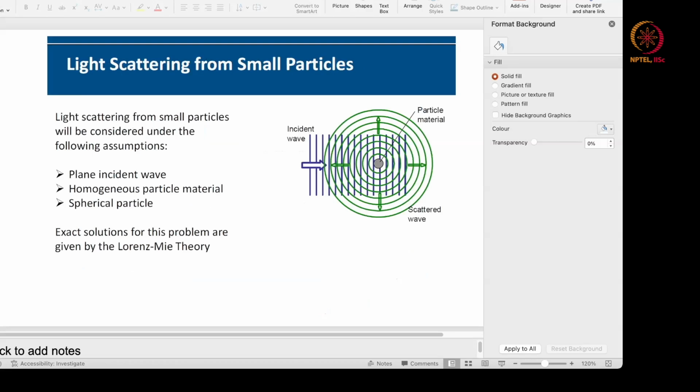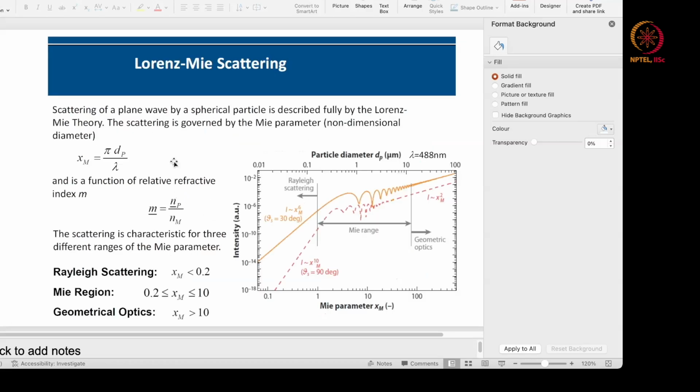All right. So when you talk about Lorenz-Mie scattering, the scattering of a plane wave by a spherical particle is described fully by the Lorenz-Mie theory. So it is basically how a plane wave is scattered by a spherical particle.